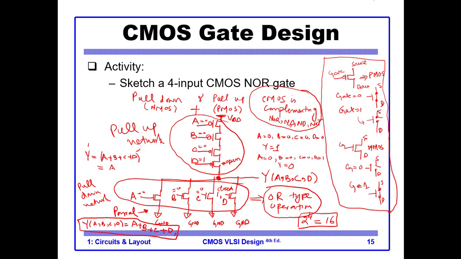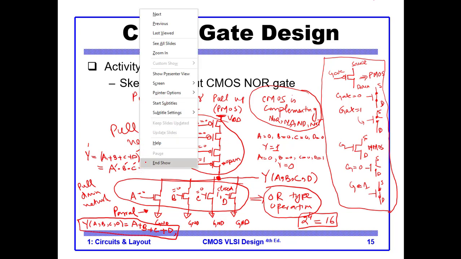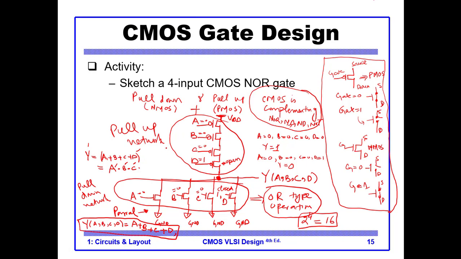Which means if I apply De Morgan's law, it is A bar, the OR will be converted to AND, B bar, C bar and D bar. So you see that this is the circuit.